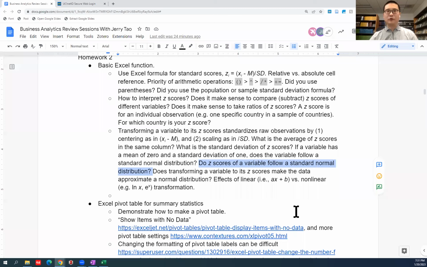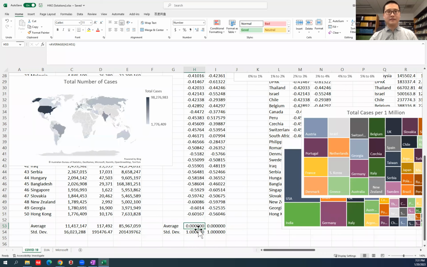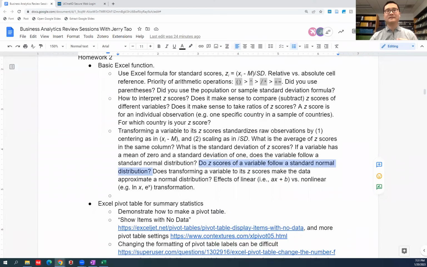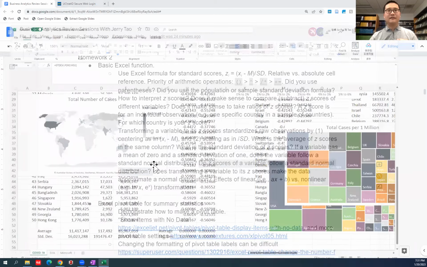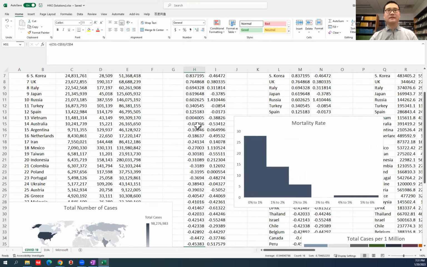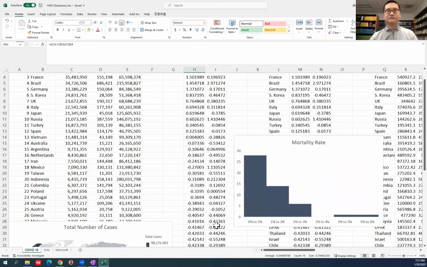This is also no. Although we have calculated the average and standard deviation for z-scores, and we noticed that the average would be 0 and standard deviation would be 1, it does not necessarily mean that these z-scores follow a standard normal distribution.